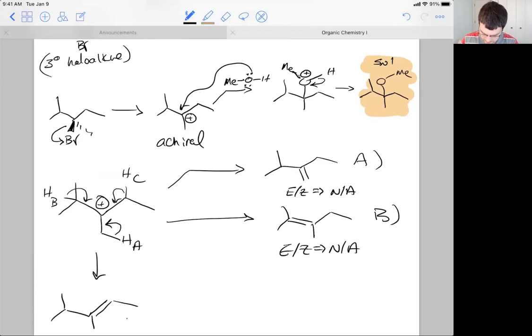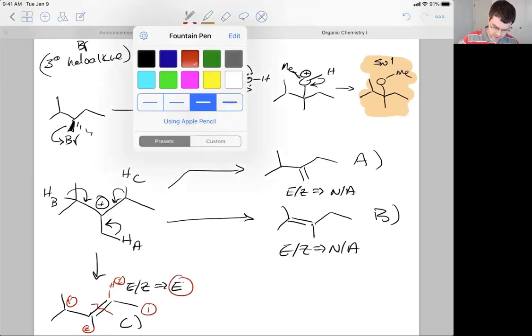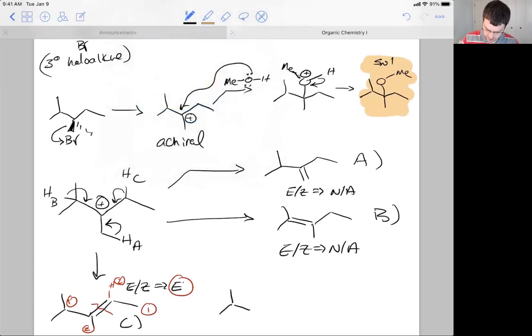But for C, we have what looks to be an E alkene, right? We could label 1, 2, 2, 1 gives us an E label. So if we have an E isomer, we must also draw the Z isomer, and so this is our Z isomer. So we form four E1 products, and then I guess a racemic mixture of SN1 products, but just a single constitution of a product.